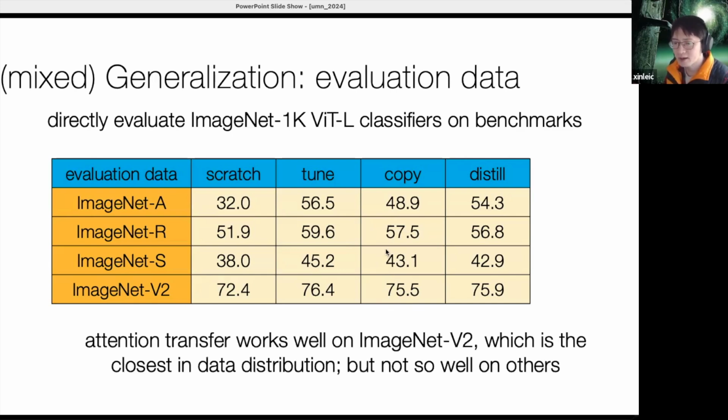The only exception here is ImageNet v2, which is the closest in data distribution to the pre-training data. So in this case, it works well. But for others, where the data distribution changed, the performance is not that good.